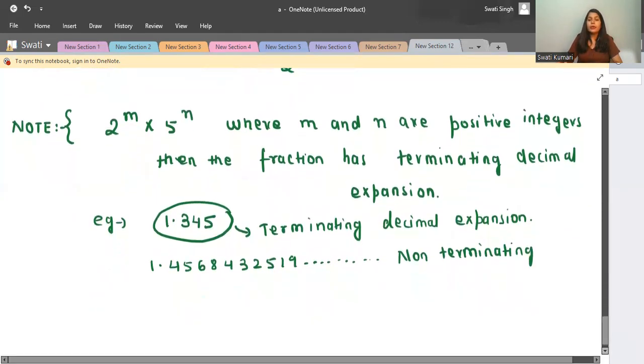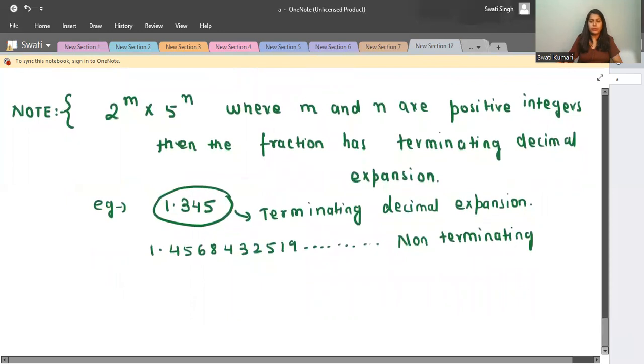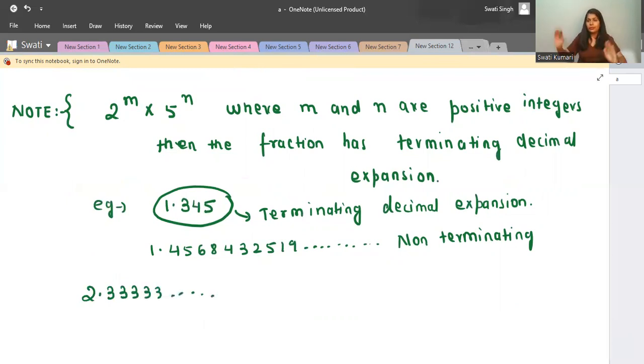Now let us understand repeating and non-repeating. For example, suppose you have 2.33333, and this 3 is not going to stop anywhere. This 3 will keep coming as you move forward, right? So that is called non-terminating repeating. The earlier one is basically called non-terminating non-repeating. Why non-repeating? Because no digit is getting repeated.